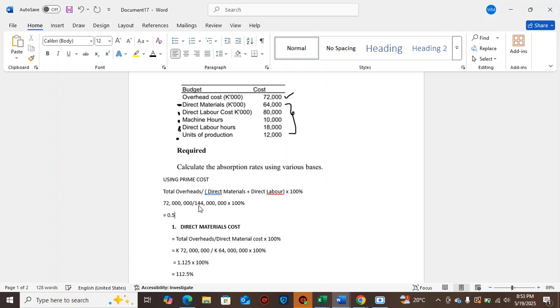So overheads are representing 50% of all the prime costs, which gives us 50%.